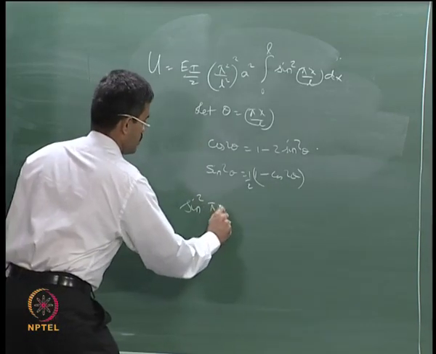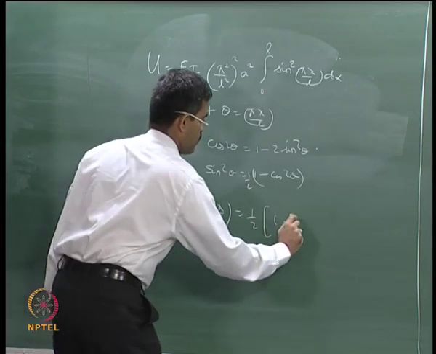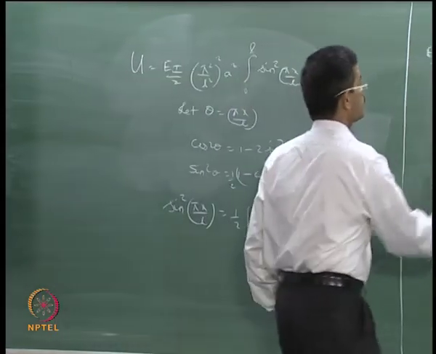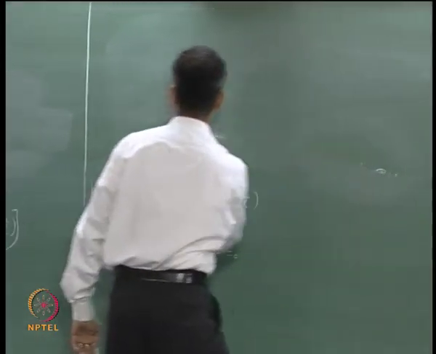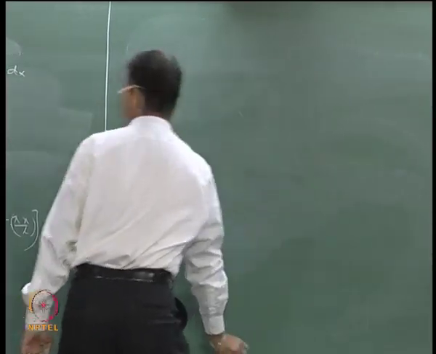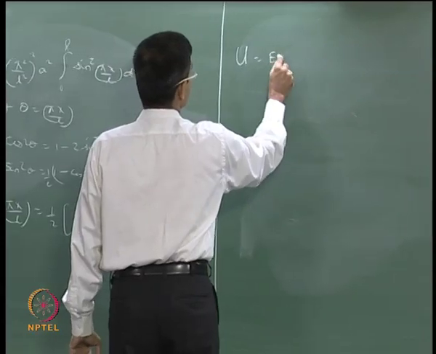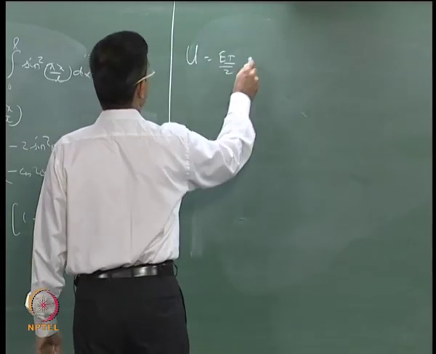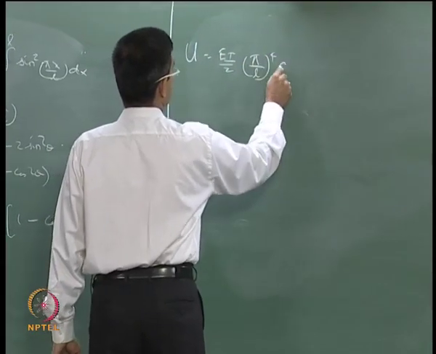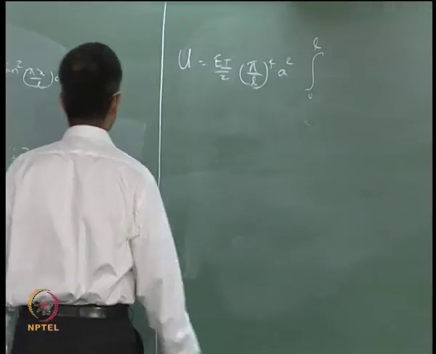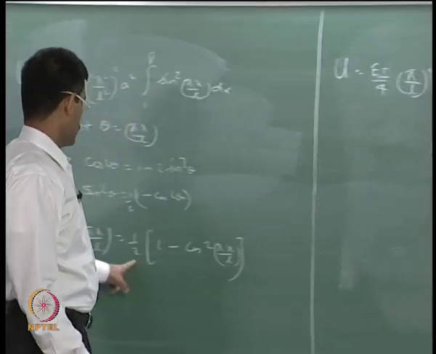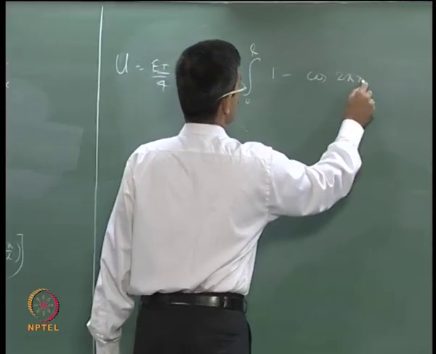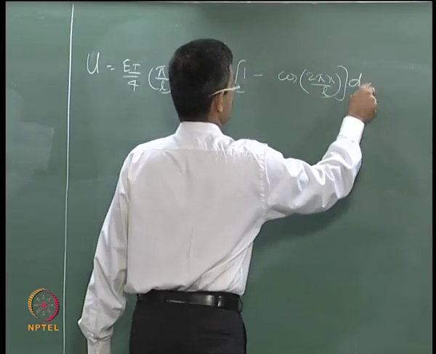So, sin square of pi x by L is half of 1 minus cos of 2 pi x by L. Now, integrating, so U is EI by 2, pi by L the whole 4 A square, integral 0 to L, again by 4, because there is 1 by 2 here, 1 minus cos 2 pi x by L dx.